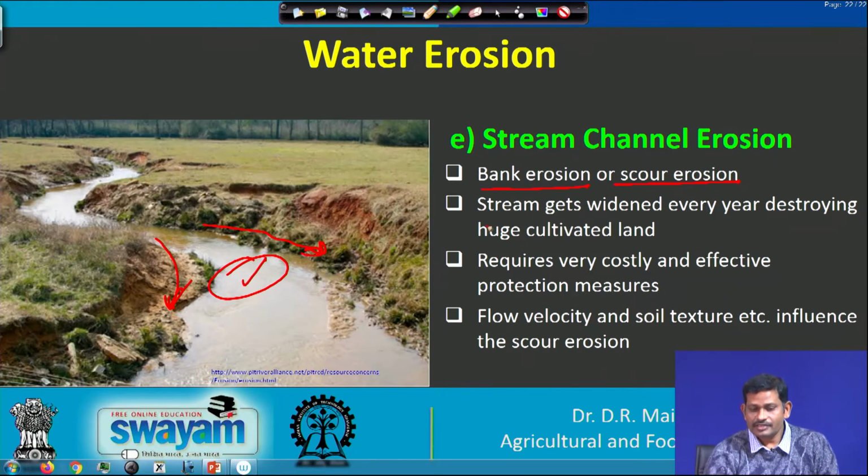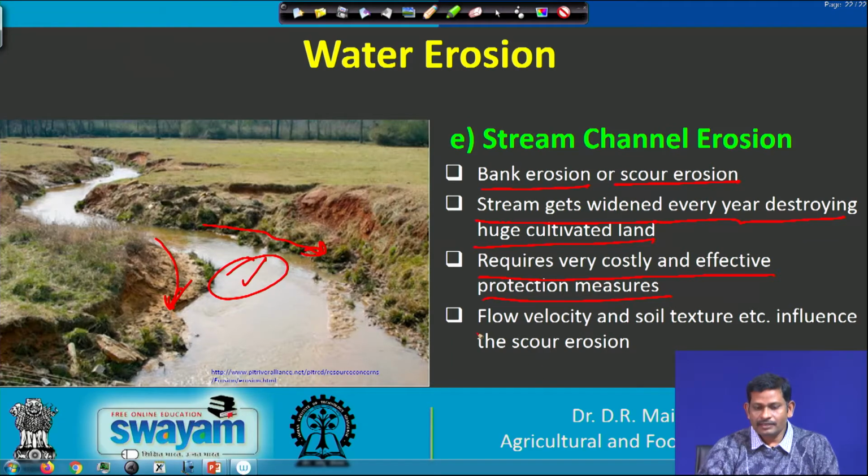banks. The stream gets widened every year, destroying huge cultivated land as well as roads and some kind of towns or small villages. So, it can take whatever is coming across. It requires very costly and effective protection measures, because this is a gully and requires a lot of earthwork to replace and a lot of big structures to cover with.